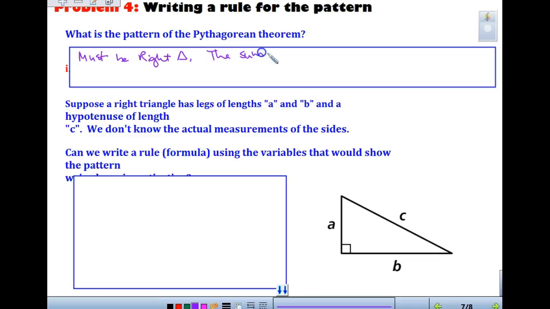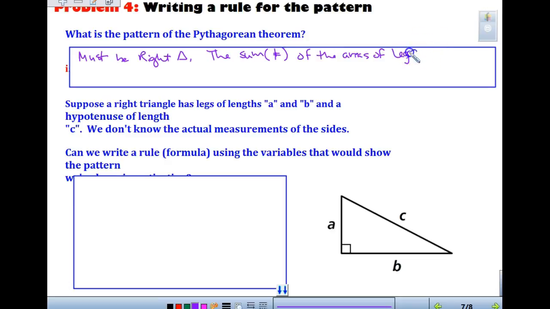Sum means to do what operation? Add. So I'm going to put a plus right behind the word sum for some of you so you remember. The sum of what? Of the areas of the legs.